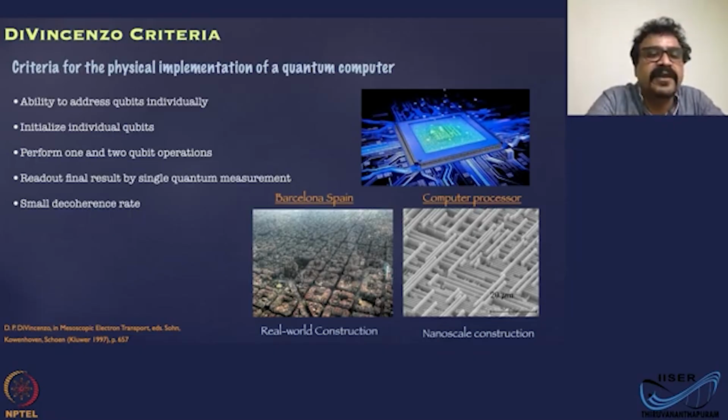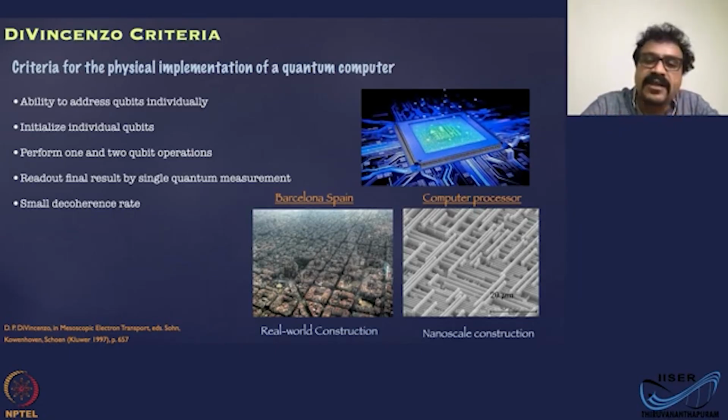And I should be able to perform one and two qubit operations, rotations. We will not go into detail, but those are fundamental requirements. And read out the final state of the quantum state. You have done your computation, and I should be able to read out the outcome in a single quantum measurement.